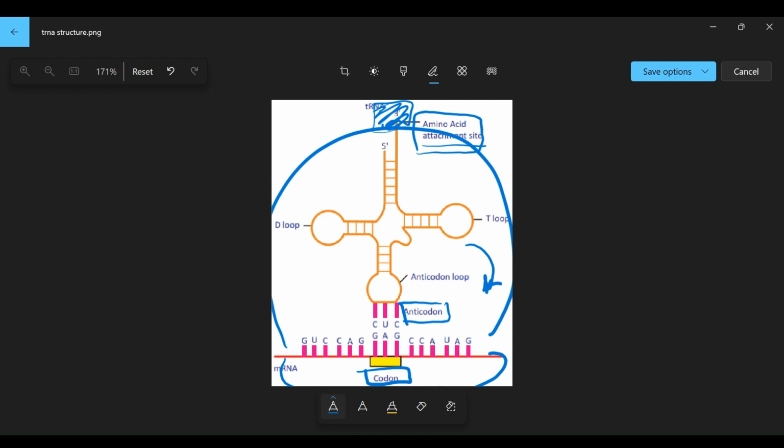And when they arrive to this site, to the ribosomes, they decode the mRNA's message. So this anticodon should be appropriate to this codon.